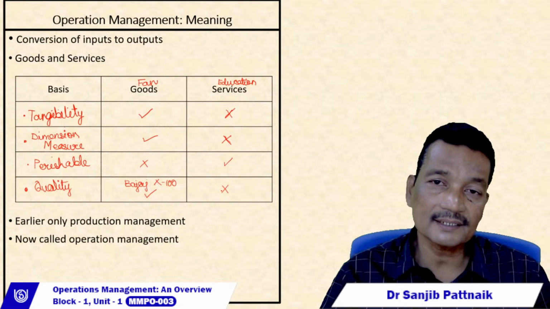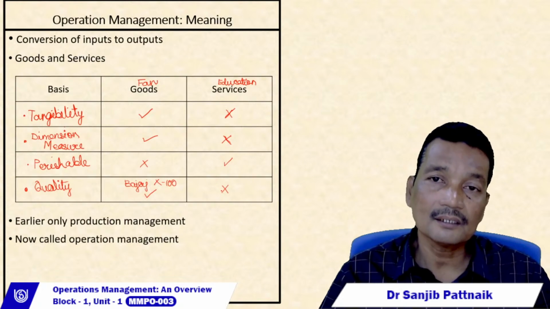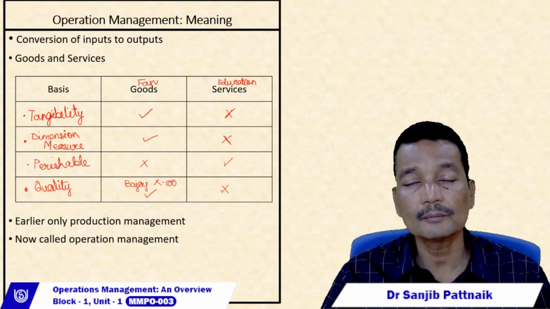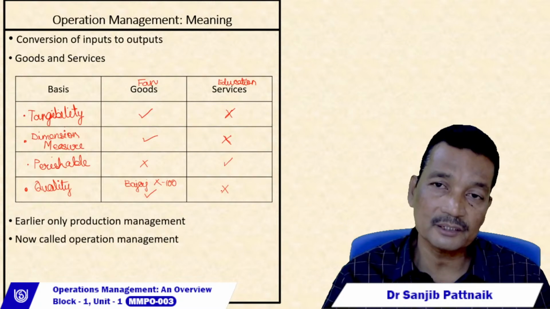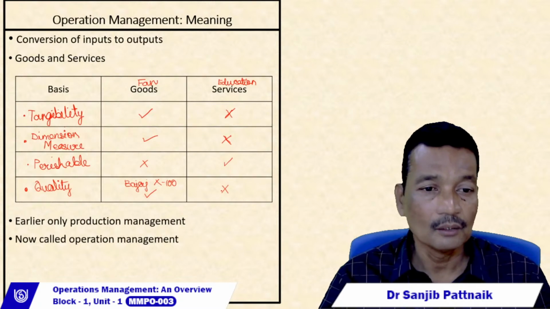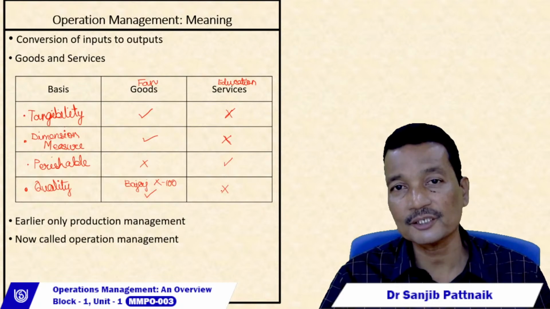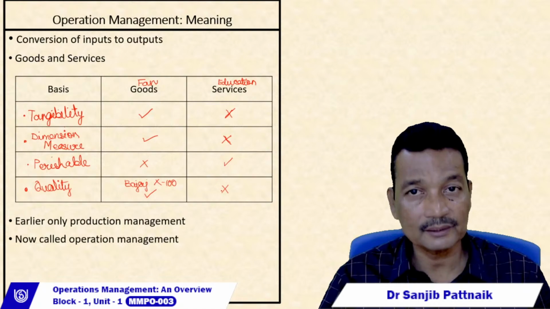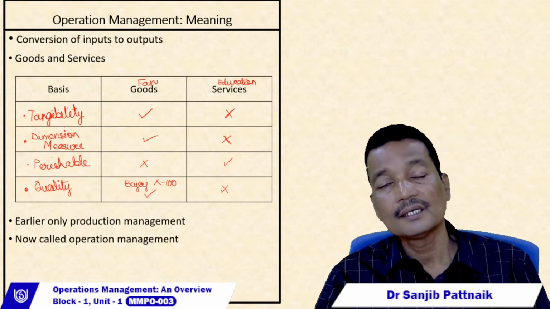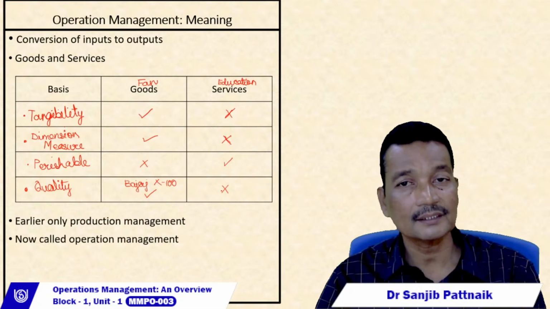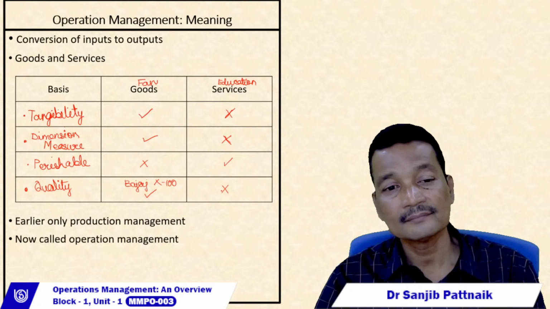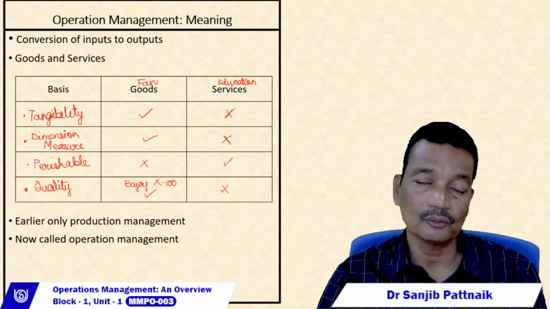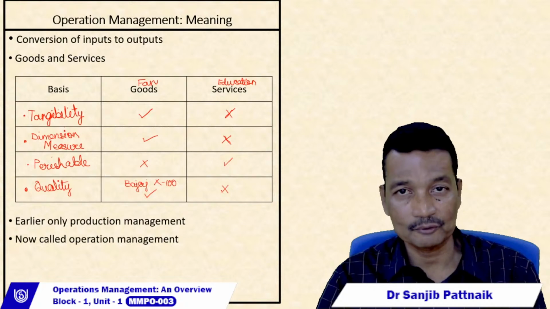So, in the earlier days, when the conversion of inputs into outputs was only products, we use the term production management. But as we just now discussed, in the last few years, 20, 30 years, you may say, or 40 years, services also have become an output from a given set of inputs.